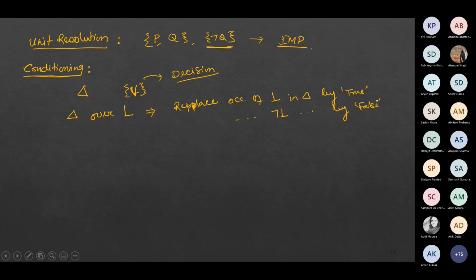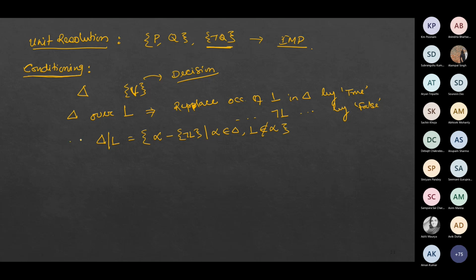Whatever you get out of this is what we call conditioning of delta over L, and we represent that as delta L. Mathematically, we can represent it like alpha minus L, such that alpha belongs to delta and L does not belong to alpha. I'll be explaining this later.